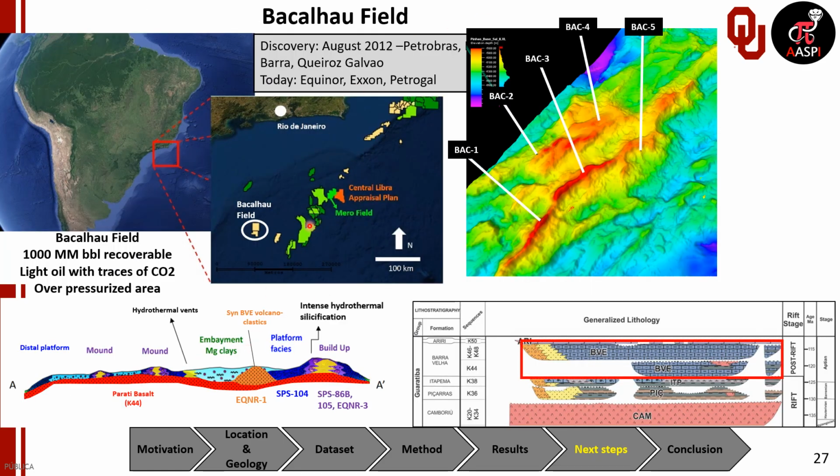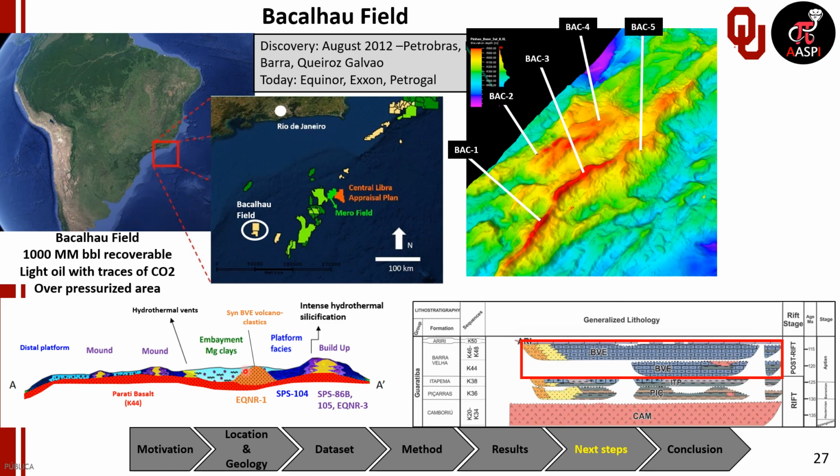So the geology here in the Bacalhau field is similar to the Meru one, but with a difference: we have the Paraty basalt at the base of the reservoirs, and we have syn-depositional, Syn Barra Velha. At the same time we have the deposition of these very productive carbonate buildups and mounds.